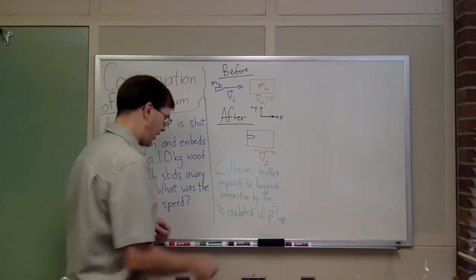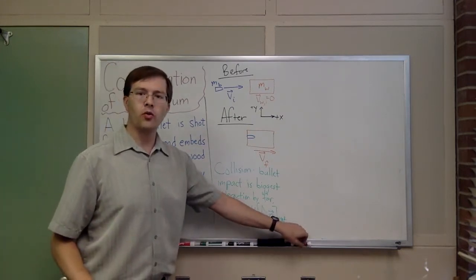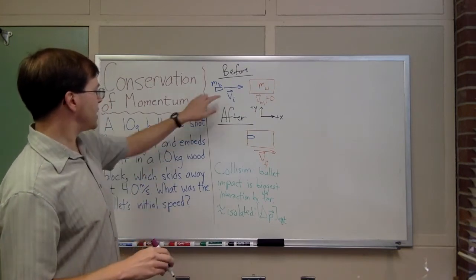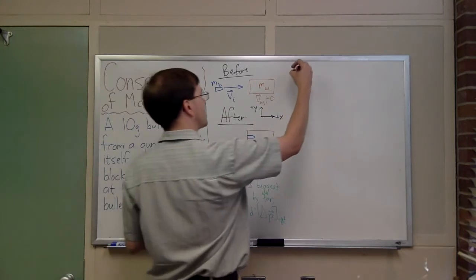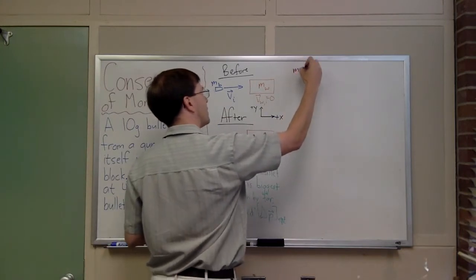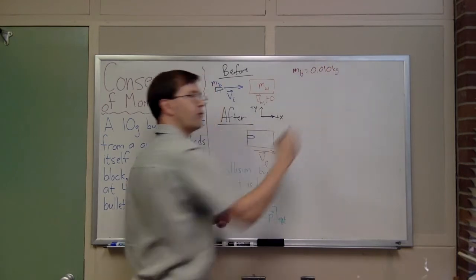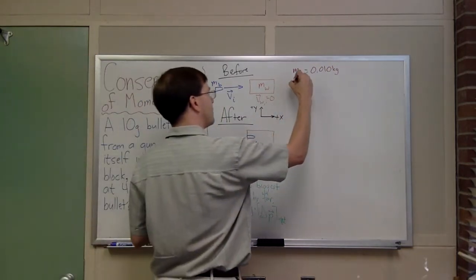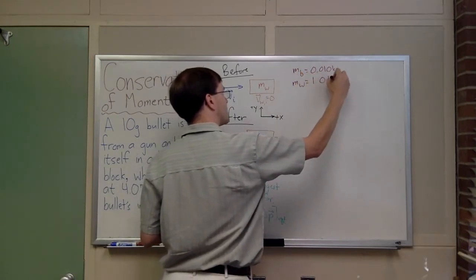That's good. And at this point, it's useful to make a list of our known and unknown quantities. Things that I know, for example, I know that the mass of the bullet is 0.010 kilograms. I'm converting from grams there just to have a consistent story. I know that the mass of the wood is 1.0 kilograms.